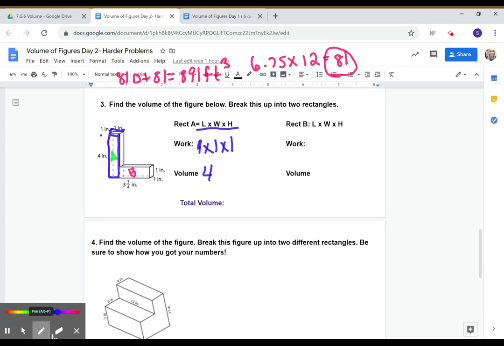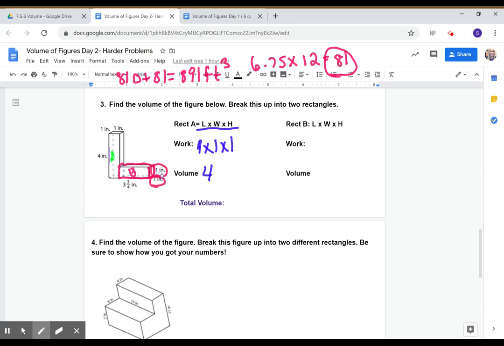Now I want to find the volume for B. So I'm going to erase this blue piece. Okay, so I'm going to find B now. Now B is this. So they give me already some numbers. I see a 1 that I could use.